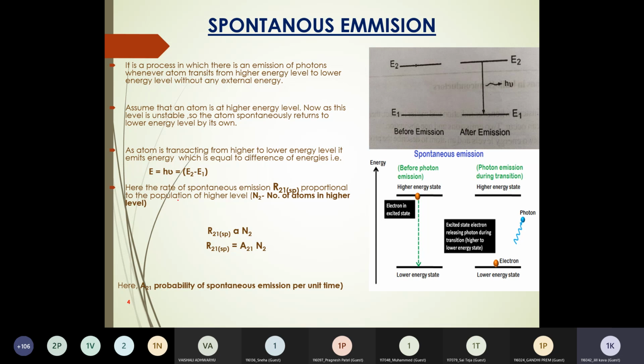It is proportional to N2, the population of atoms in the higher energy level, while N1 is the number of atoms in the lower energy state. By removing the proportionality sign, we add one constant, that is A21, which is the probability of spontaneous emission per unit time.